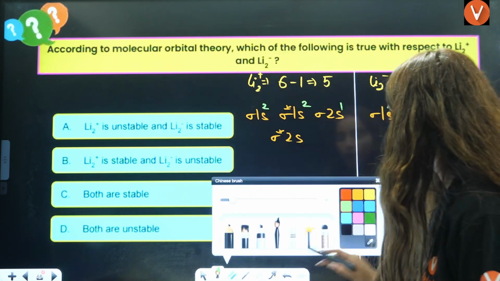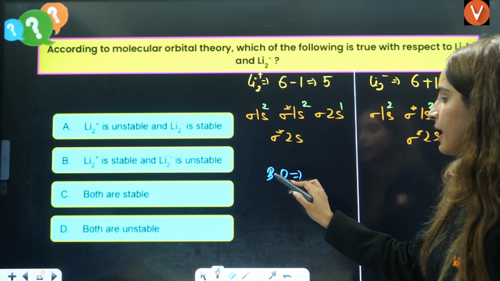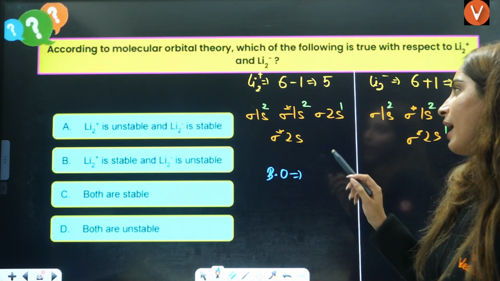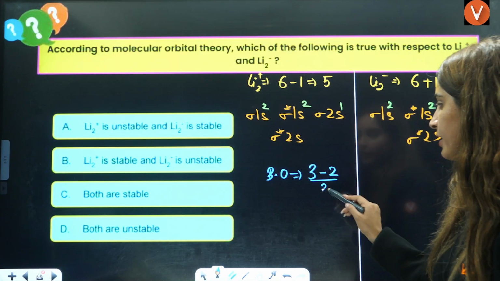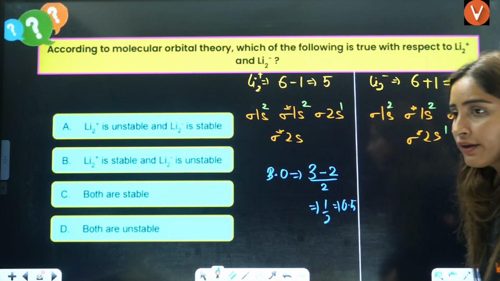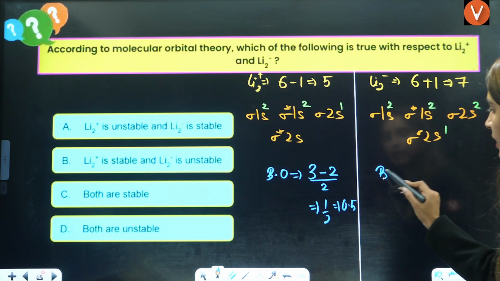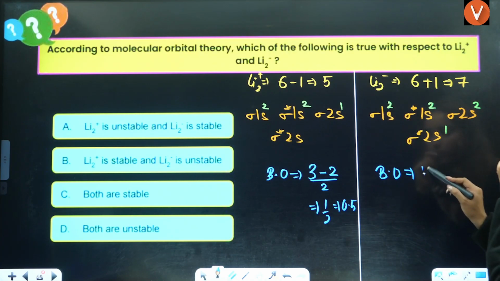Right? So now here what you can see, bond order is going to be bonding minus anti-bonding. So in bonding you have how many electrons? 3. Anti-bonding you have 2 electrons, divided by 2, that is 1 by 2, that is 0.5. Okay, which is unstable. Here you have bonding 1, 2, 3, 4.